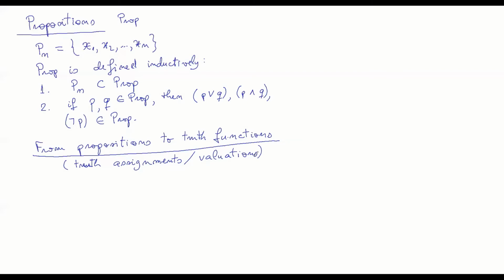Since the set of propositions is defined inductively, then obviously this mapping from propositions to truth functions is also going to be defined inductively. And it's going to be defined in the following way.